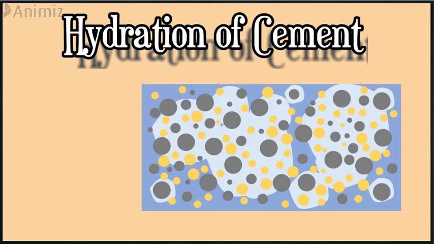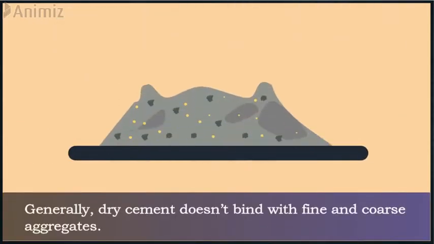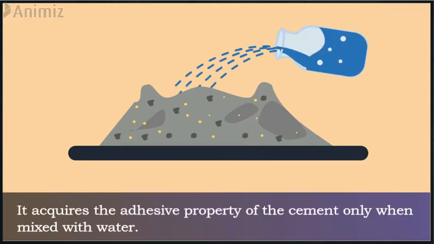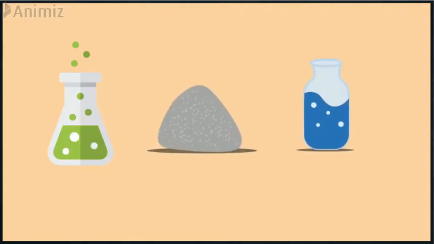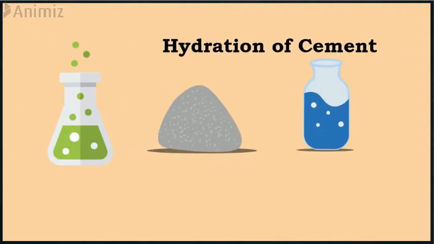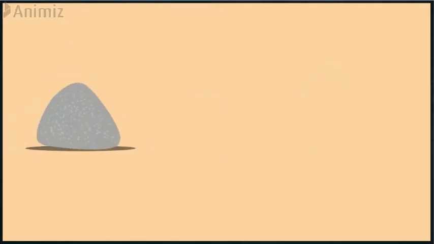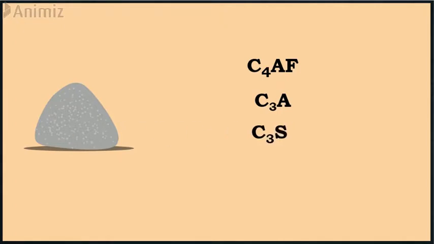Hydration of cement. This is one of the most important concepts of this module. Till here we have understood how cement is produced, how limestone or calcium oxide undergoes a wet process or dry process to form cement, in which the major compounds are Bogue compounds: tricalcium silicate, dicalcium silicate, tricalcium aluminate and tetracalcium aluminoferrite.